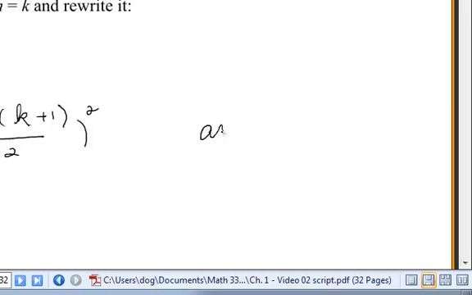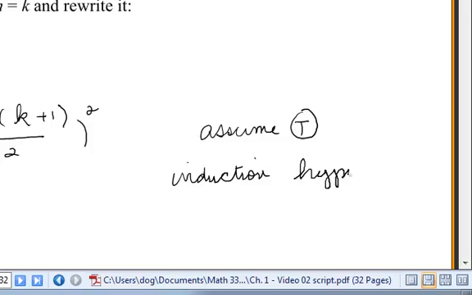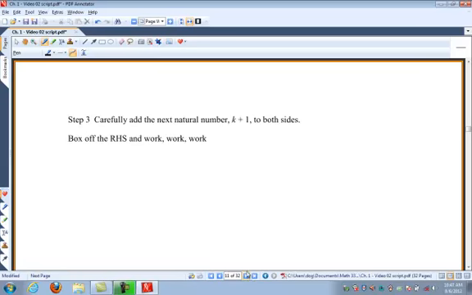And we assume this is true, and this is called the induction hypothesis. Right there.